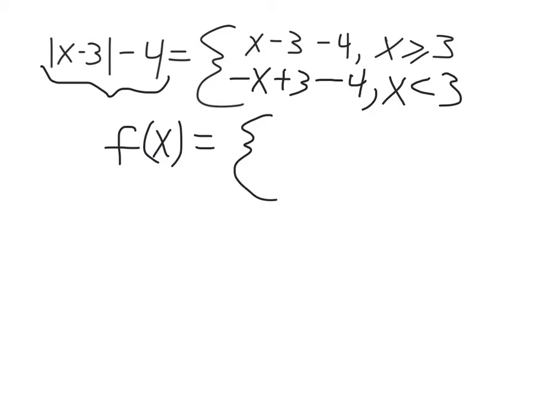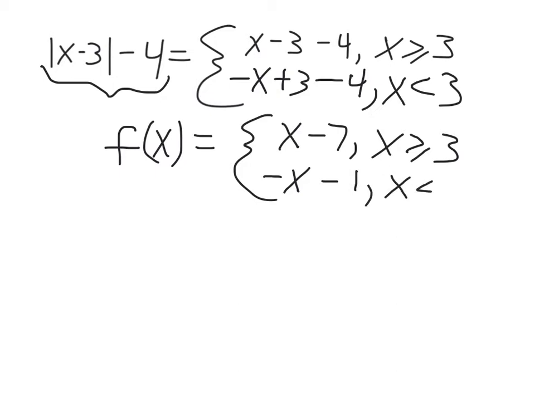Of course, x minus 3 minus 4 we can just write as x minus 7, and then the second part, opposite of x minus 1, will represent the function value when x is less than 3. Okay. So, what does that mean when we take a look at it in terms of this definite integral?